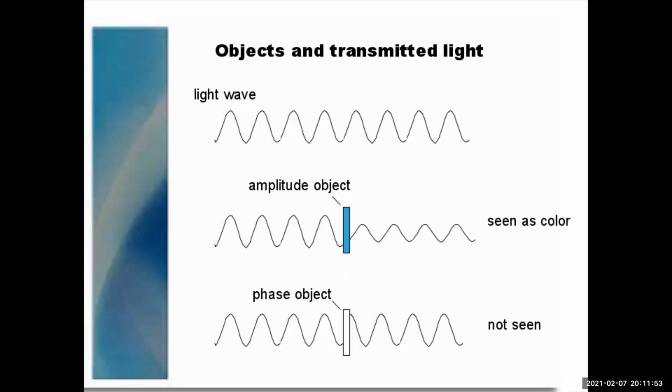So here's just an example. There's an amplitude object. You can see it as a change in color, or as actually described here, really, a change in intensity. But the one I want you to really observe is the little drawing on the bottom, where you can see that that light wave is still oscillating with the same frequency. It's still the same color, and it's actually still the same intensity because the wave is just as high.